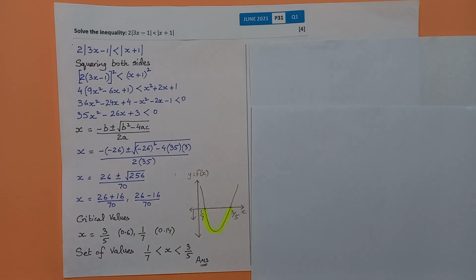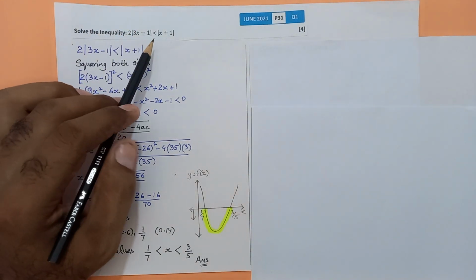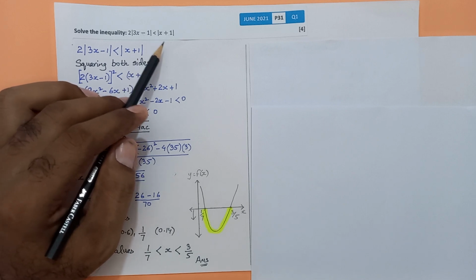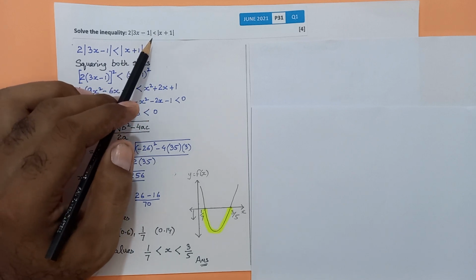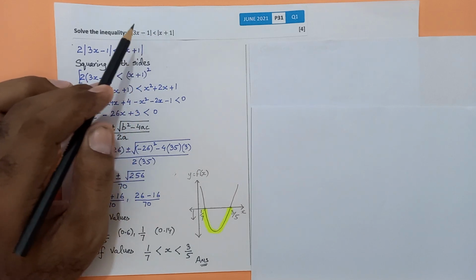In further questions, we would come across those questions where we would have a modulus sign on just one side of the inequality. In this question, we had the modulus sign on both sides of the inequality.